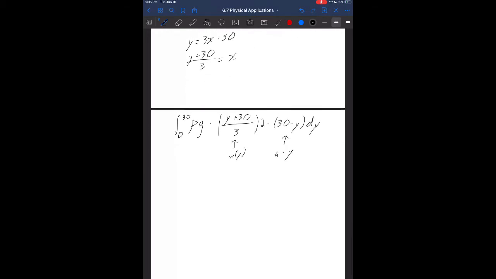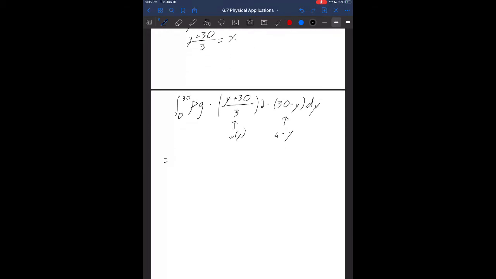Okay. So pulling constants out, we get that this is equal to rho times g times 2/3 integral of 0 to 30 y plus 30 times 30 minus y dy.